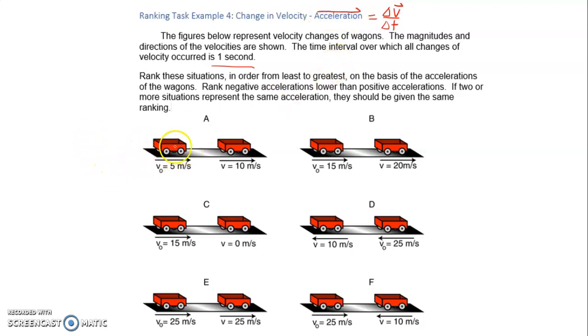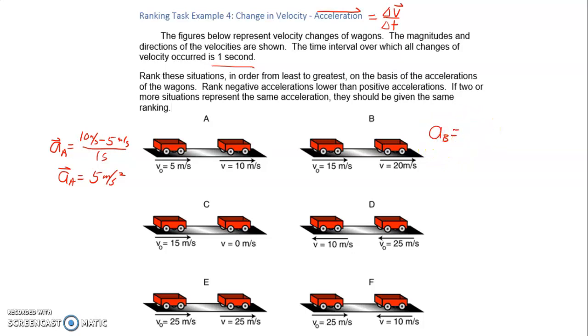We look here, and for each one, I'll just write it out here to the side. The acceleration for case A is equal to the final velocity, which is 10 meters per second, minus the initial velocity, which is 5 meters per second, divided by 1 second, and you can see that we have an acceleration of positive 5 meters per second squared.